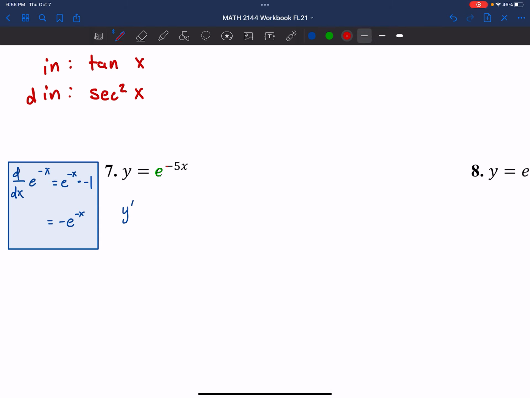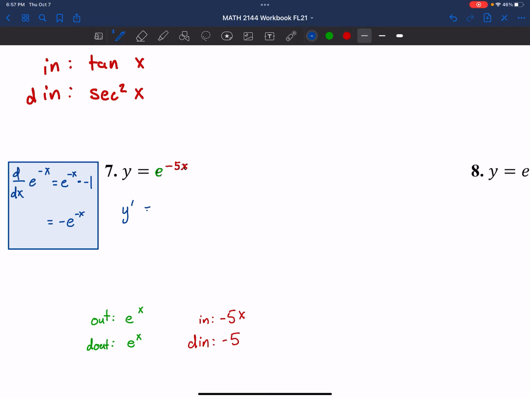Then the inner function is the minus 5x. So the outer is going to be e to the x, and its derivative, the d out, or derivative of outer, is itself. Then the inner is minus 5x, and then the derivative of the inner, or d in, is just going to be minus 5.